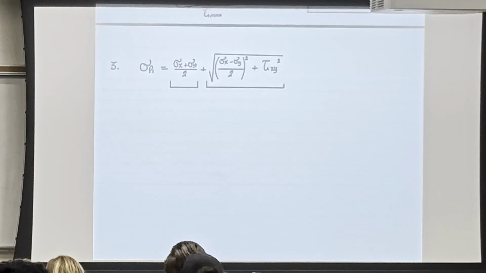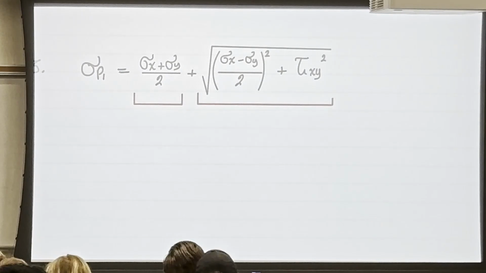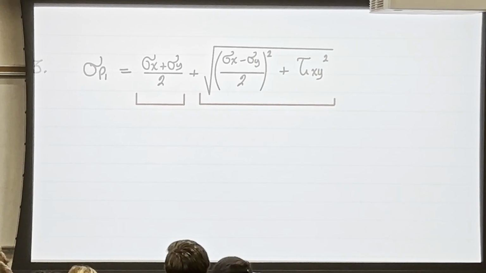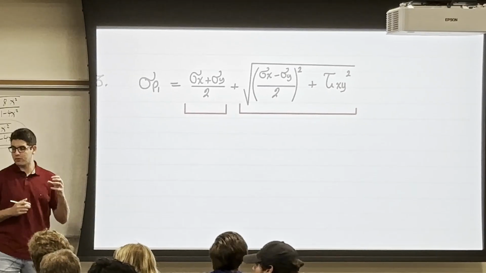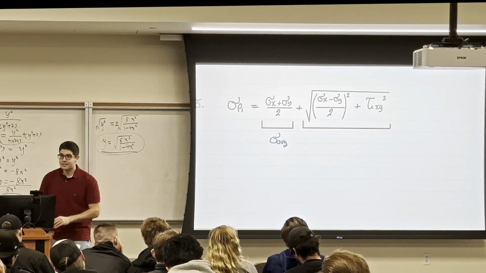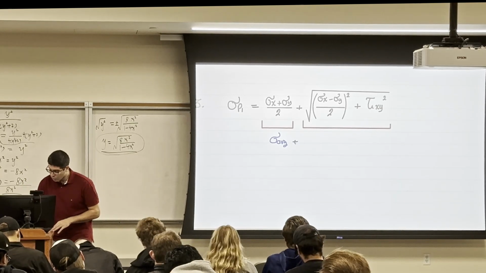Finally, before solving our example, sigma p1 was equal to (sigma x plus sigma y) over 2 plus that term. So let's create a new symbol here: (sigma x plus sigma y) over 2 is sigma average. So that's the average stress. And the second term was tau max.